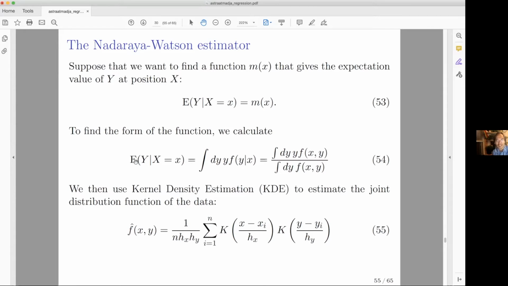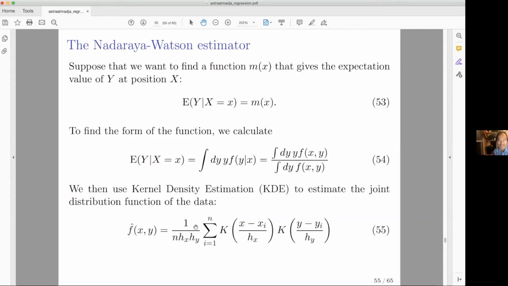The expectation value of y, as we learned yesterday, is just the integration of y over the function that we want to find, and it has to be normalized. The form of the function that we want to find is a KDE function, the kernel density estimation.